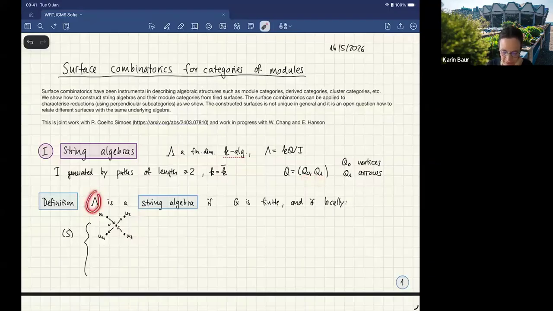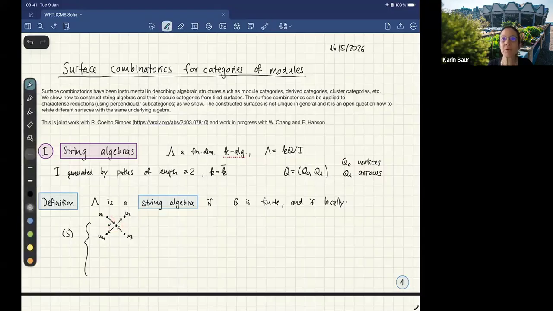Such an algebra lambda is a string algebra if we have a finite quiver, and whenever we look at a vertex, say v, we have at most 2 incoming and at most 2 outgoing arrows.